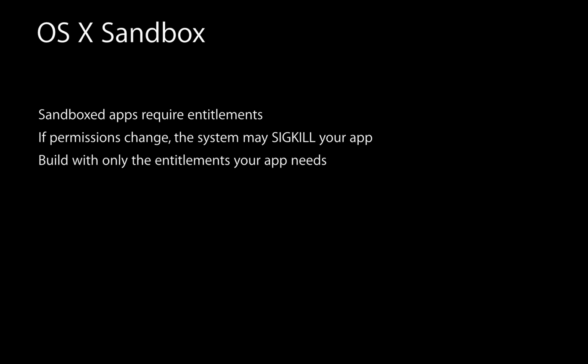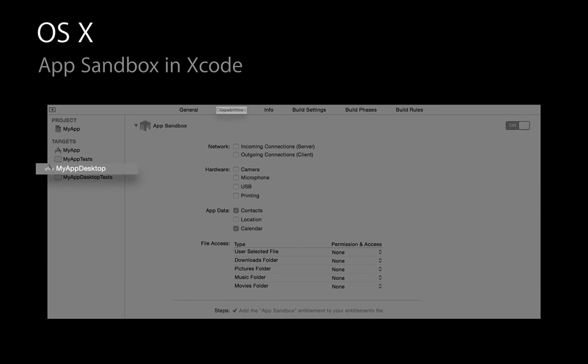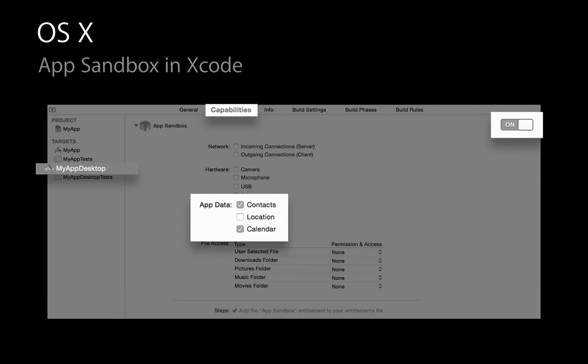To add the entitlements to the application, all you have to do is go to the entitlements plist or use Xcode to modify those entitlements. What you would do is you would go to the targets, My Application, Capabilities, turn on the app sandbox, and then select the entitlements that you want. You should only build with the entitlements that you need.